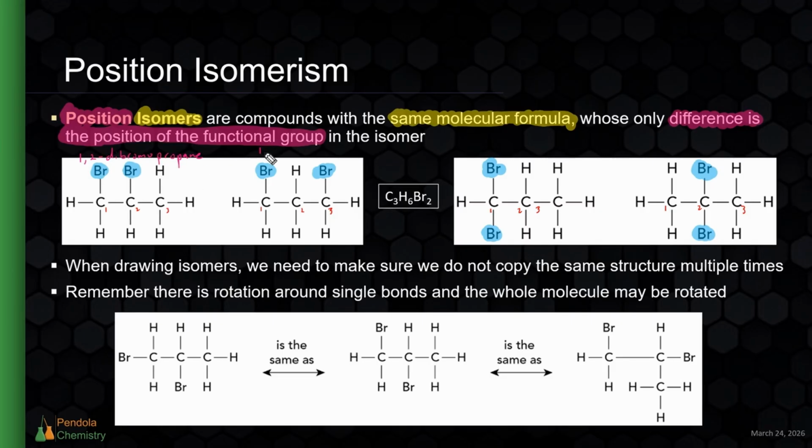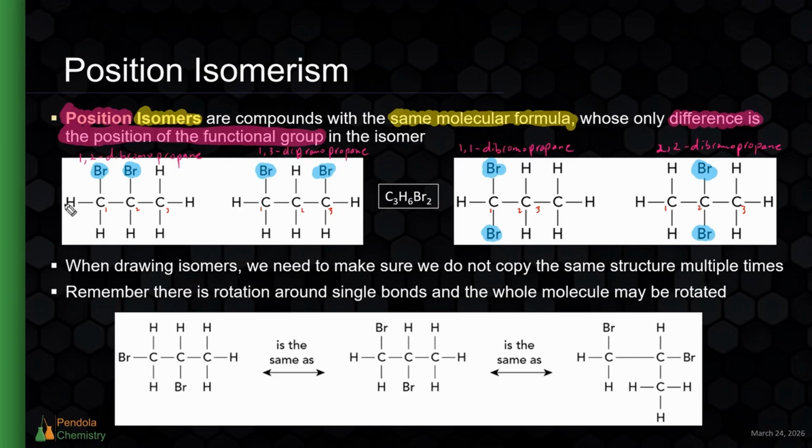This will be 1,3 dibromopropane. This will be 1,1 dibromopropane. And this will be 2,2 dibromopropane. So all 4 are different compounds, and we can see it in their names, but they are positional isomers of each other.